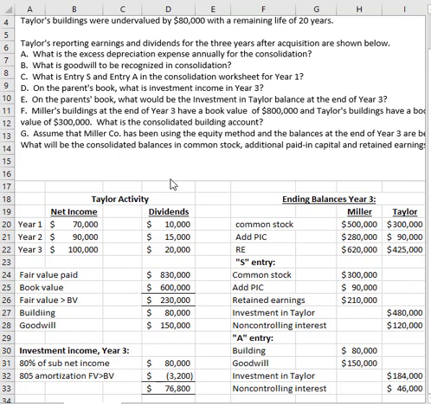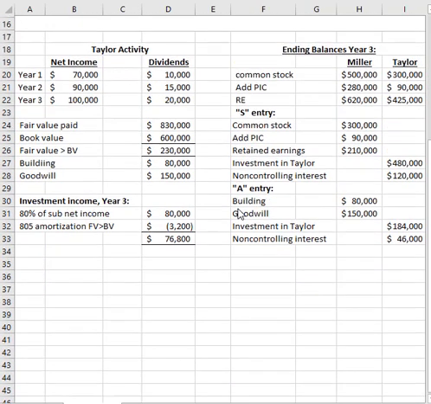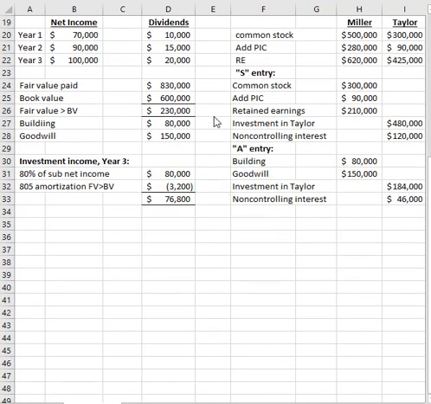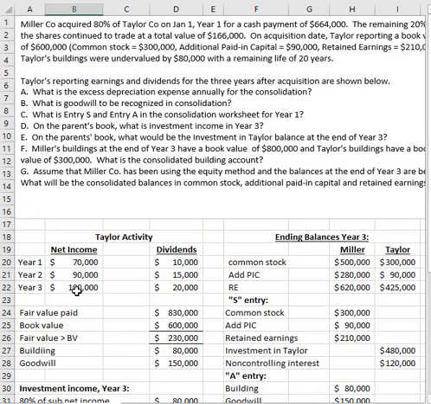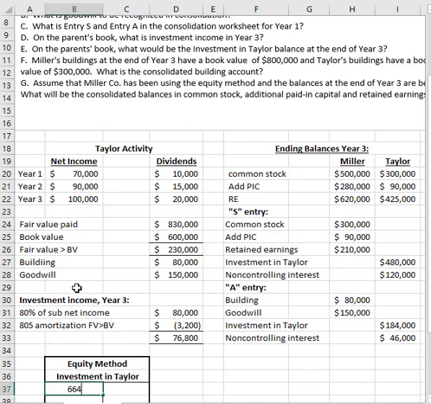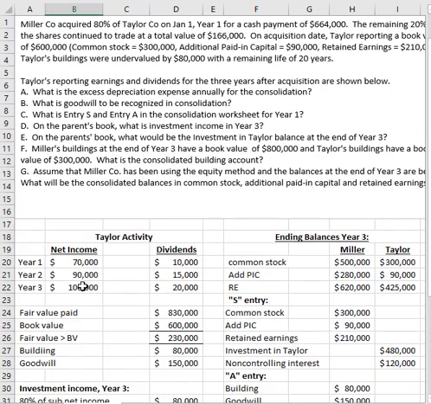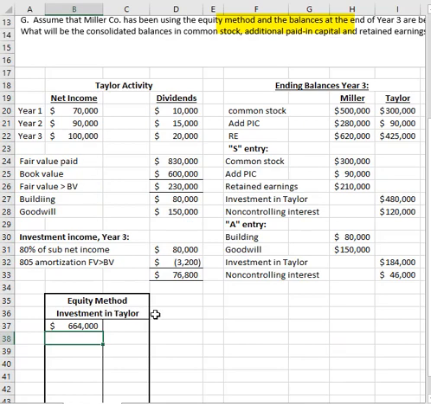All right, great. Let's see what they want next. So now they want the investment account at the end of year 3. So now let's make a little T account. Hang on, I'll draw that for you. All right, so here's an investment in Taylor T account. So the initial purchase was $664. So we would have debited the investment and credited cash for that initial acquisition.